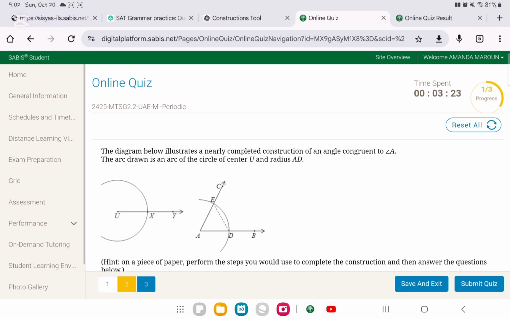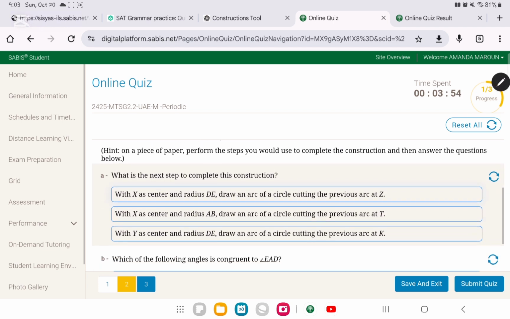Now, the next thing that we did, if you remember, is that we measured the distance or the radius of DE. After we measured the radius of DE, we put it on the center X. So from the center X, we draw a second arc that will join the initial or the first arc.